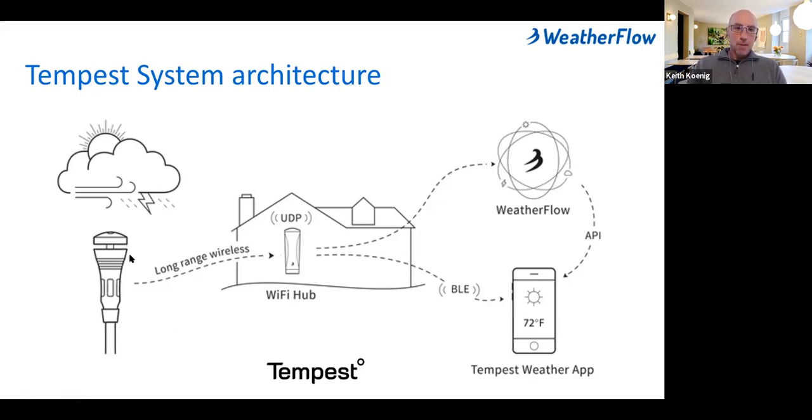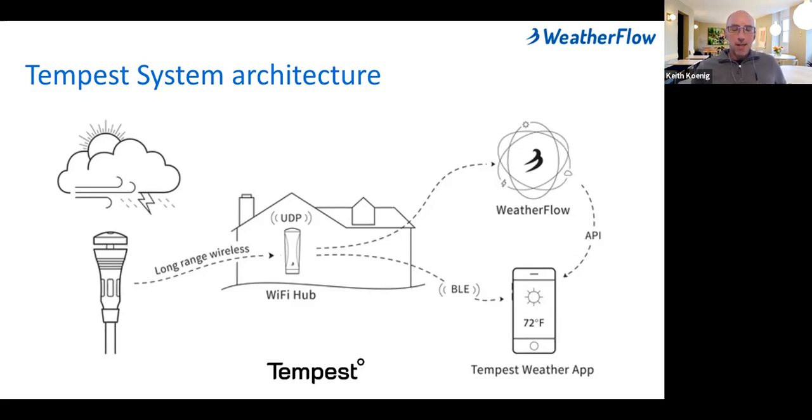So the Tempest system, as I described, the sensor sits out and is totally wireless, self-contained. We have a proprietary sub-gigahertz radio telemetry. We say that it works to 1,000 feet, even though we have many customers that are getting a really clear line of sight signal out to about 5 kilometers.